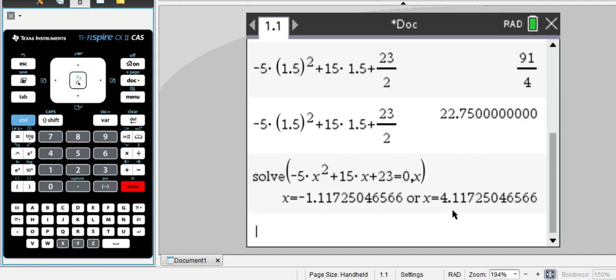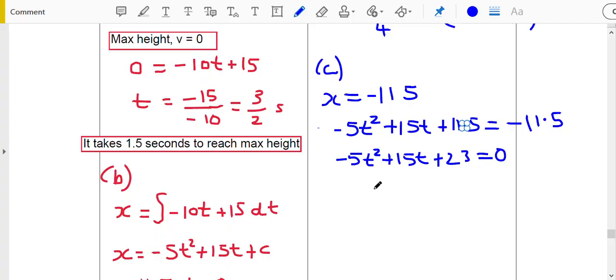But we reject the negative because there's no such thing as negative time. Remember that this variable x stands for time, t for time. So we reject the negative and we get 4.117. Correct to 3 decimals here. So let's say t equals 4.117 seconds.